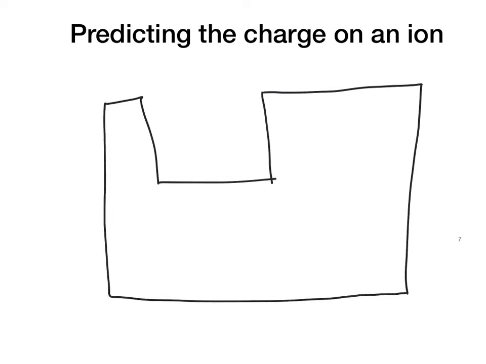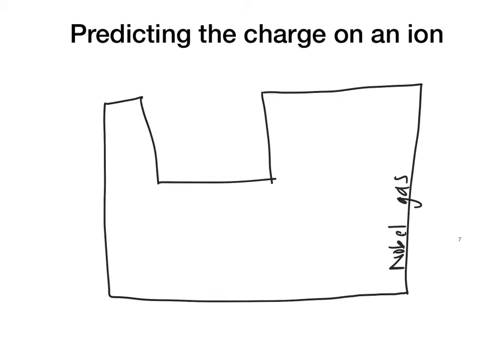I'm going to ignore the lanthanide-actinide series for a little while. They are a little bit different. All of our ions want to achieve noble gas configuration. Our noble gases are out here, and these are group 8.